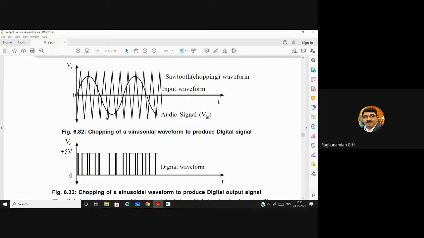This portion where I'm showing the cursor.